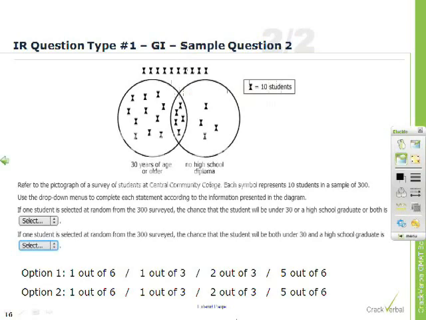Anything outside this circle, which represents 30 years of age or older. So which is outside this circle? This entire part. This is the students who are under 30. This or a high school graduate. So now which are the high school graduates?